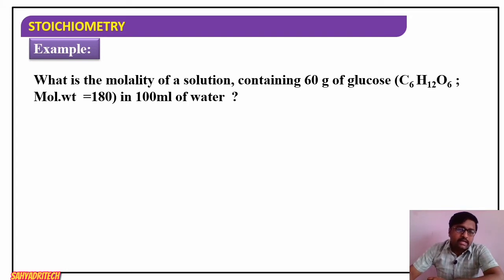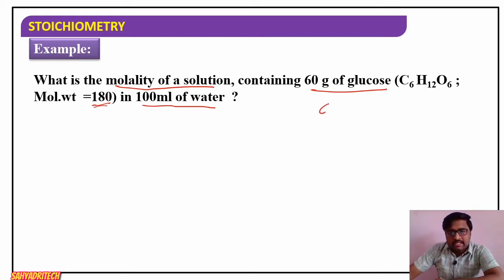Say for example, what is the molality of a solution containing 60 gram of glucose, molecular weight 180, in 100 ml of water? So we have to calculate the molality of a solution containing 60 gram of glucose in 100 ml of water.